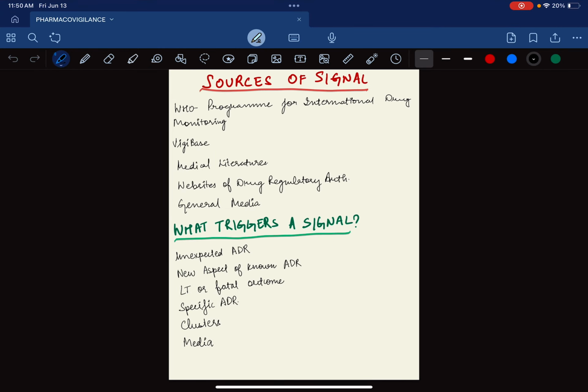Now, what can be the sources of signal detection? There are various sources.